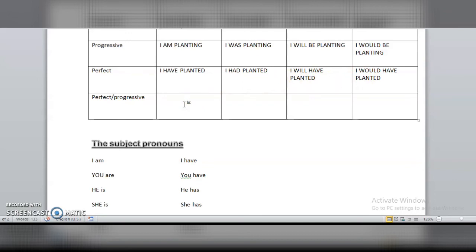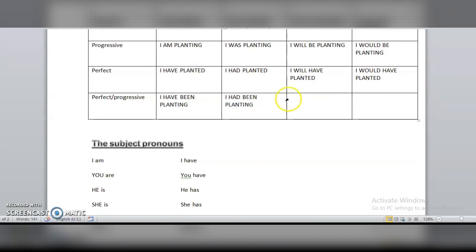So right now we get perfect progressive. We get perfect first, that means we're supposed to have have. And we get progressive, we're supposed to have be. Don't forget, every single verb that you use after have is supposed to be at the past participle. So I get I have been planting: be after have, the past participle been, plus the base form plus ing. The past perfect progressive is I had been planting.